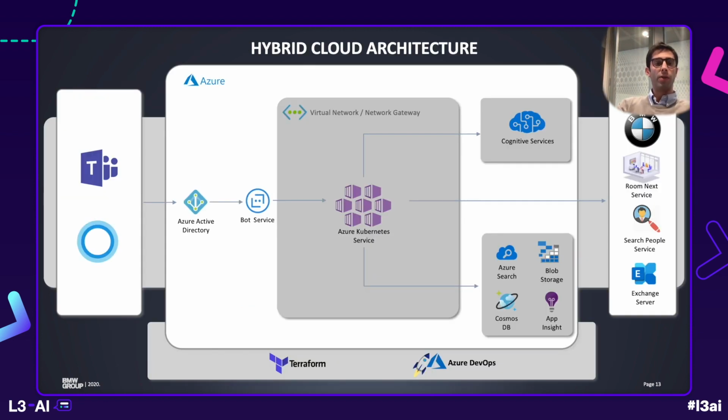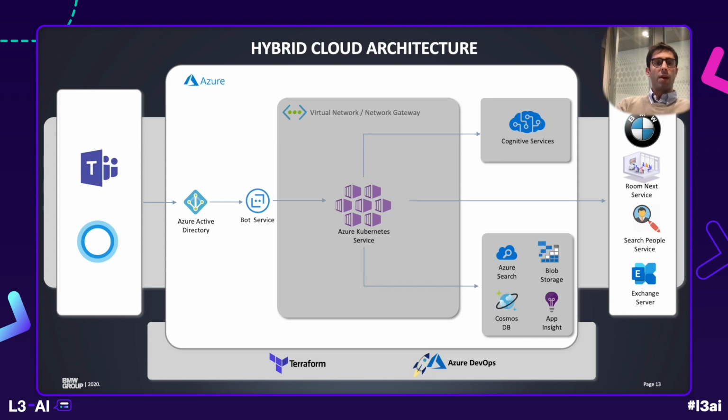This is the high-level overview of our architecture solution. On the left side, as you can see, we have the multi-channel approach. At the moment, we have only Microsoft Teams configured as a channel, but we also want to implement other kinds of channel interfaces, like voice interfaces.